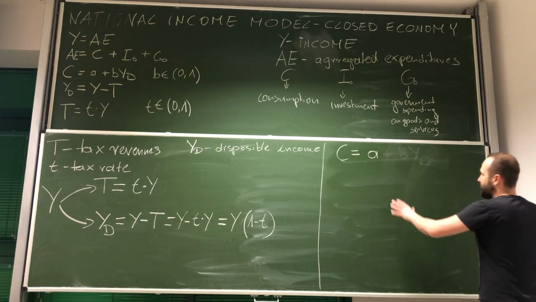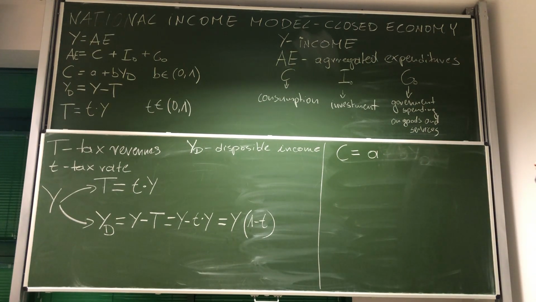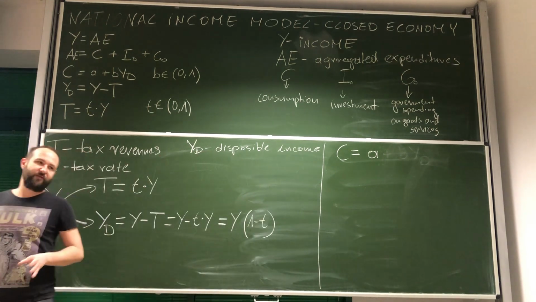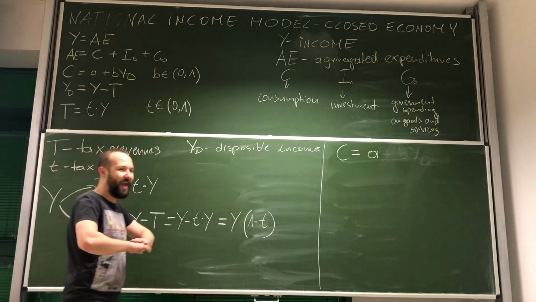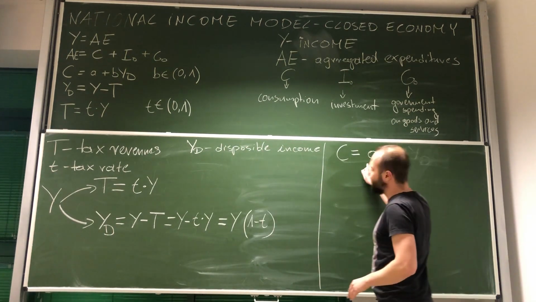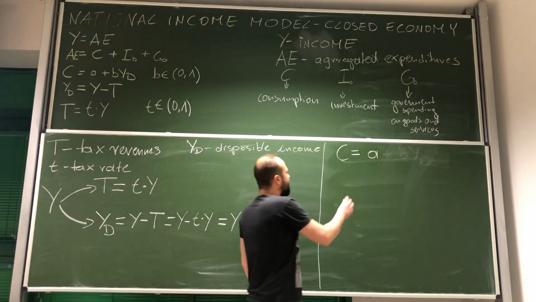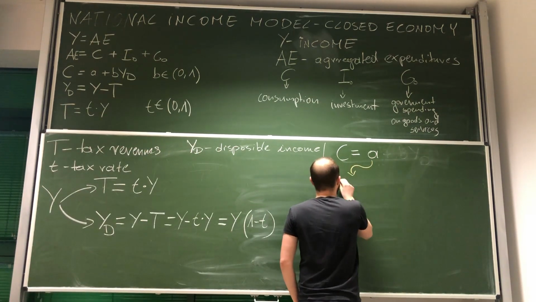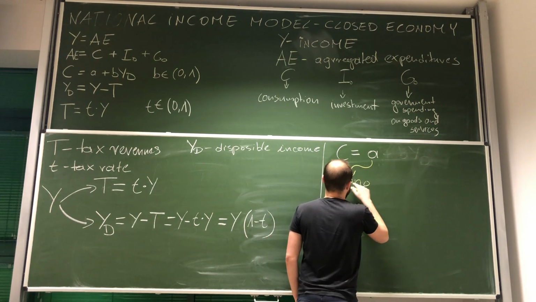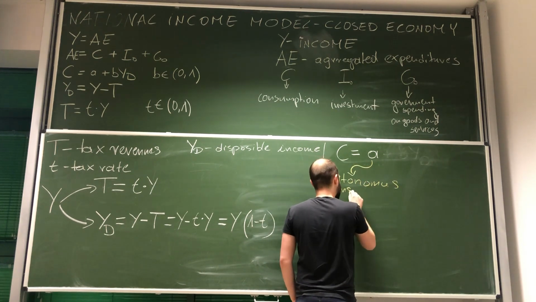So this part of the consumption, you can think about it, are those necessities that we need to have, no matter how little money we've got. So even if we do not have any money, we still need to purchase them. This is why this part that you see over here of the consumption is called autonomous consumption.